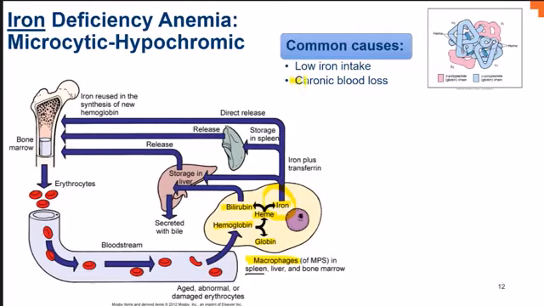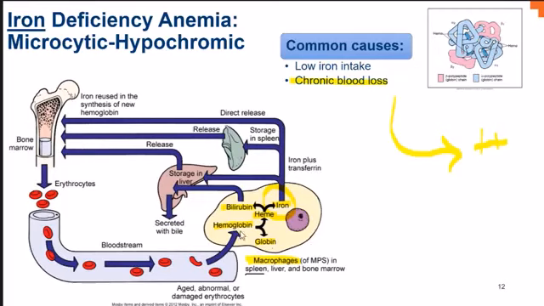But a great example here is chronic blood loss. If you have somebody who has a very heavy menstrual cycle, they're losing a lot of blood. What are they also losing? A lot of iron, because the blood cells leave the body, and along with it, so does the hemoglobin, so do those heme groups, which we know are the iron-containing groups.